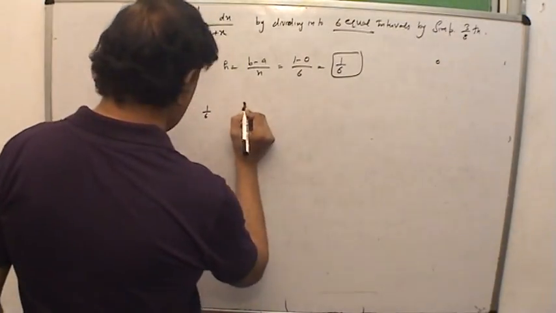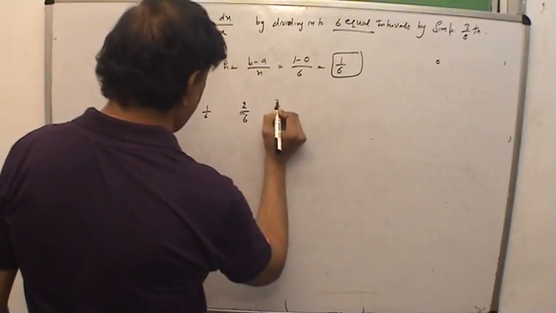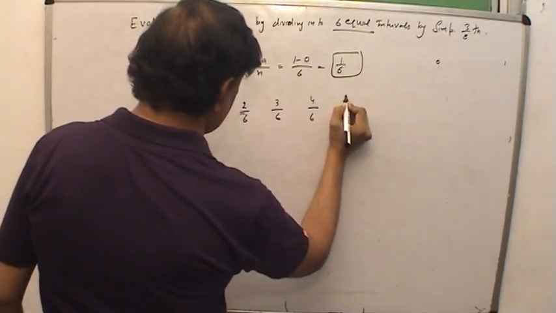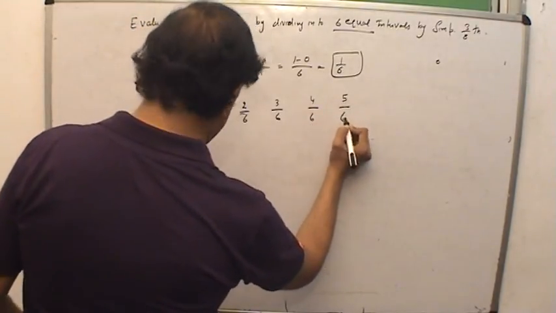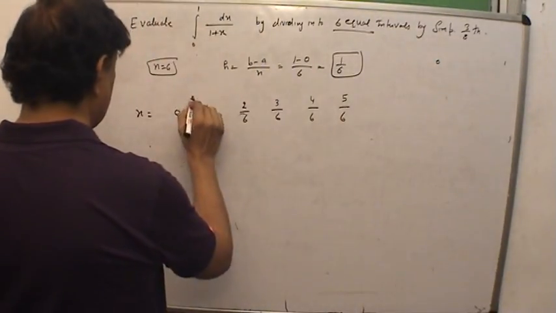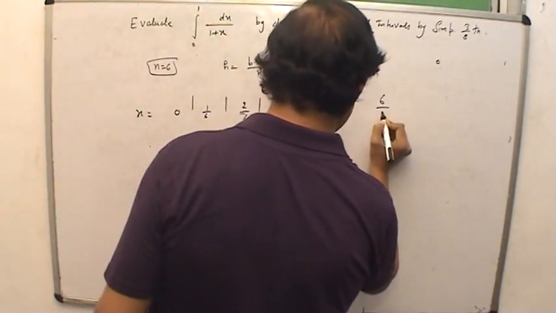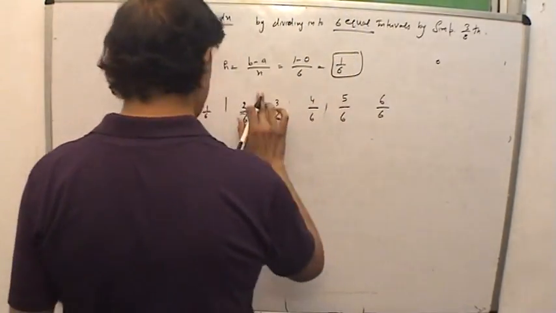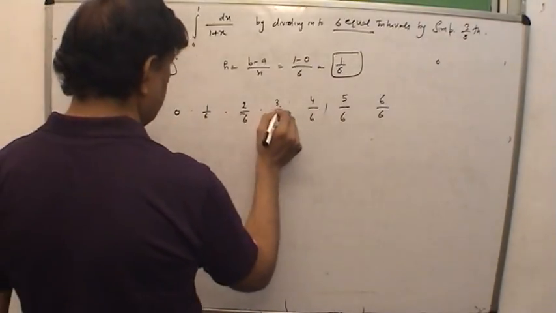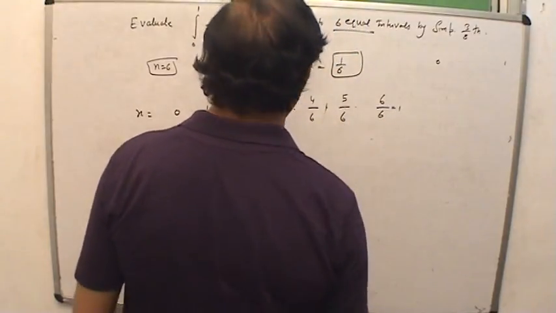After that 2 by 6, 3 by 6, 4 by 6, 5 by 6, and intervals 1, 2, 3, 4, 5, and it is 6 by 6, that is equal to 1. Now we can check the intervals 1, 2, 3, 4, 5, 6, and we count it as 1.